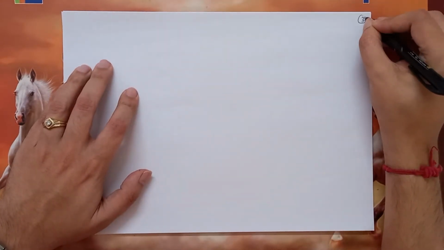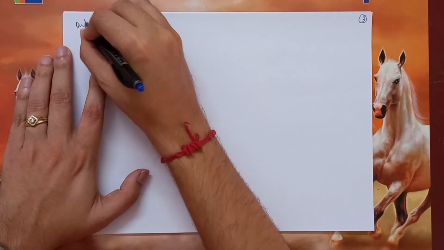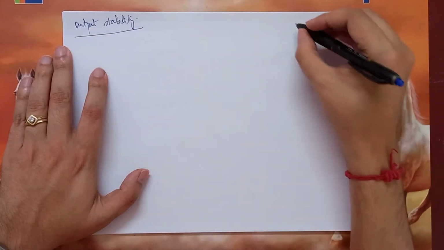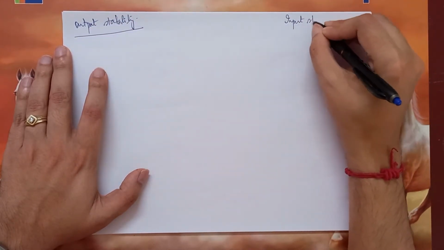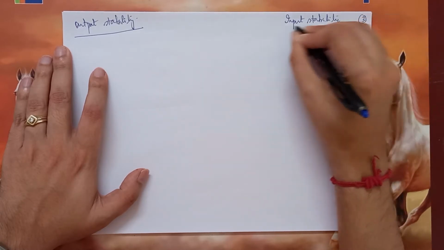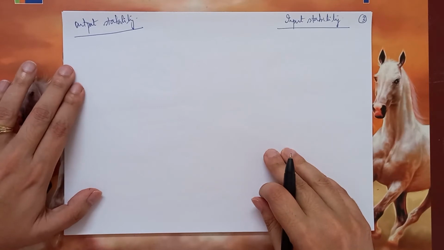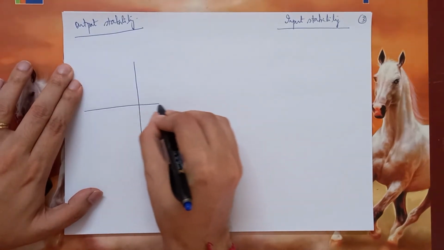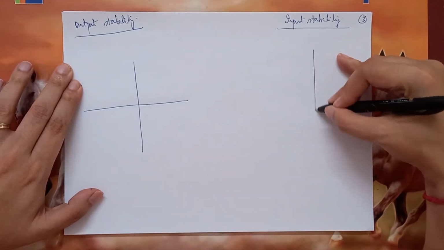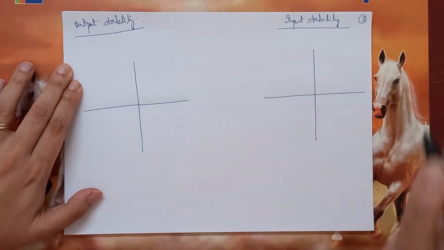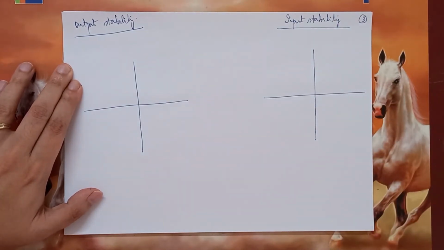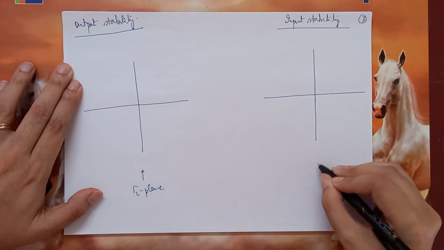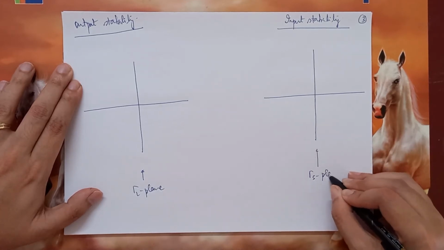Let us say we have two coordinate systems. This is, let us call this, the gamma L plane. This is the gamma S plane.